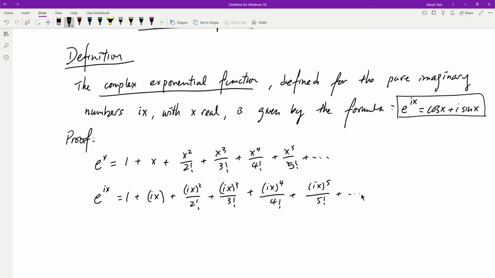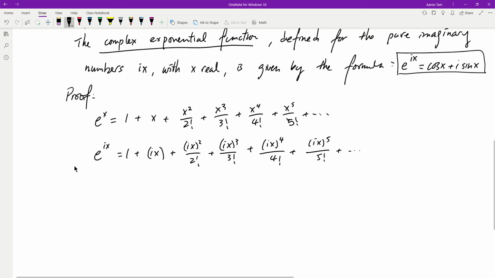And now when you think about raising i to a power, notice that it follows a very simple cycle of 4. They repeat the same 4 values over and over again. Therefore e to the ix will equal 1 plus ix plus, since i squared is negative 1, minus x squared over 2 factorial. And i to the third becomes negative i, so minus i x to the third over 3 factorial.